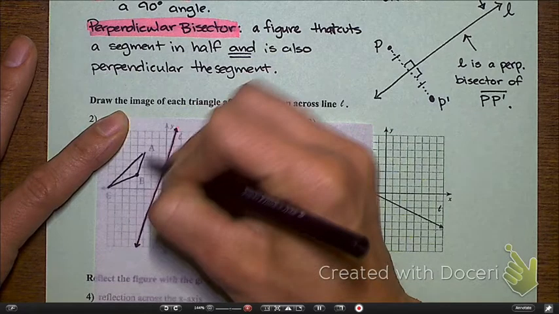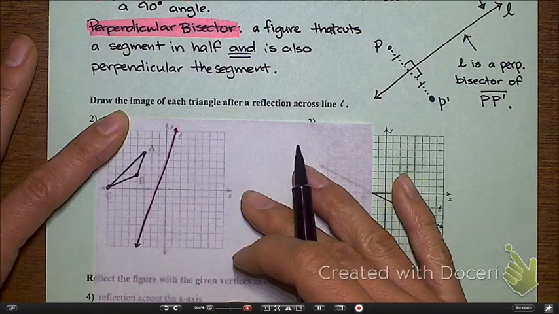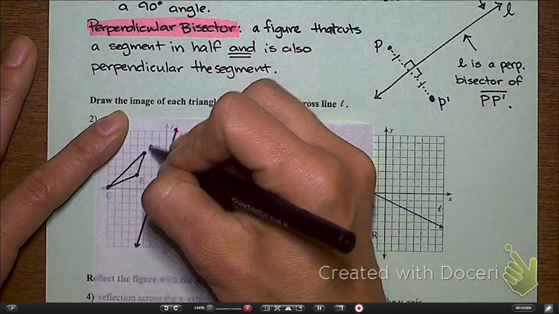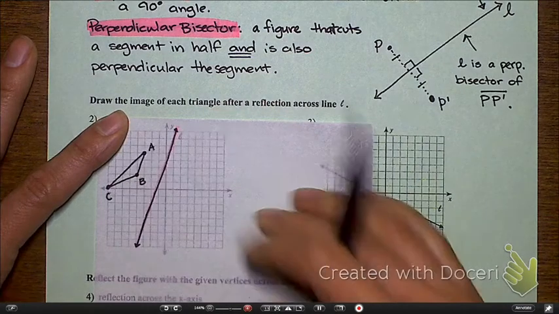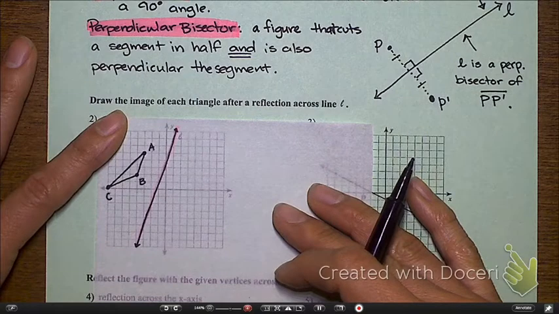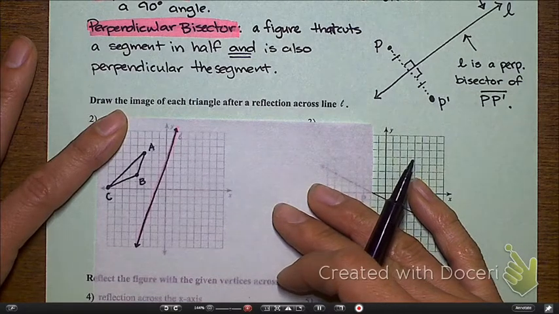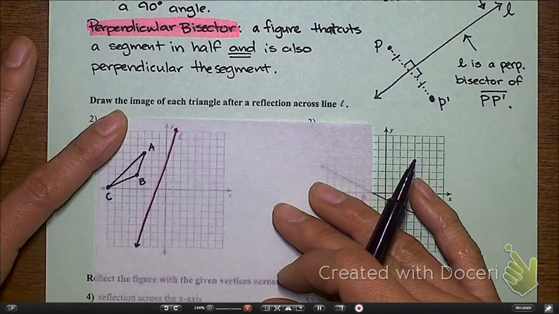I'm going to put dots on my vertices just so I really know that's where the corners are. And I'm going to label them. This one's A, this one's B, this one's C. Now notice I did not trace over the X or Y axis, right? I just traced the line of reflection and the image.